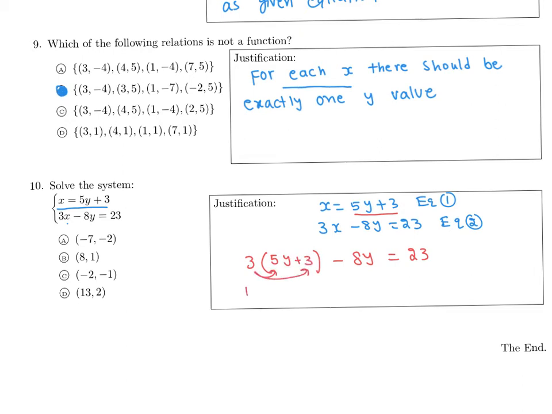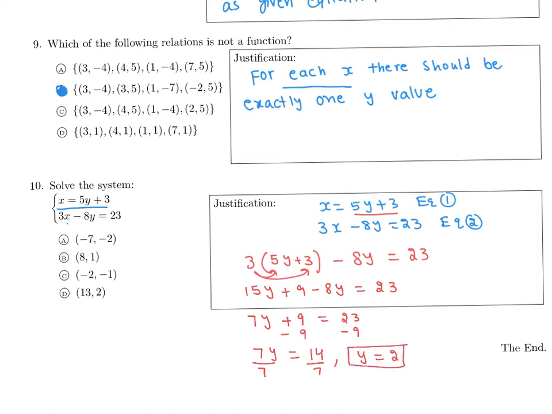That's going to be 15y plus 9 minus 8y equals 23. 15y minus 8y is 7y plus 9 equals 23. Minus 9 on both sides, you get 7y equals 14. Divide by 7 on both sides, you get y equals 2.